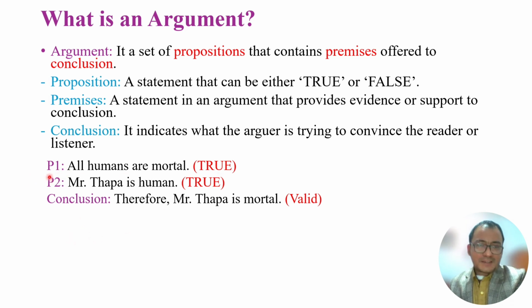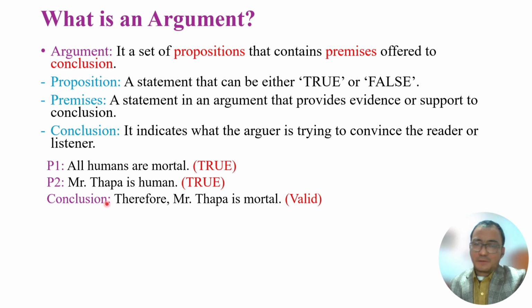First proposition, P1: all humans are mortal. It is true; everyone can say all humans are mortal. The second proposition is: Mr. Thapa is human.